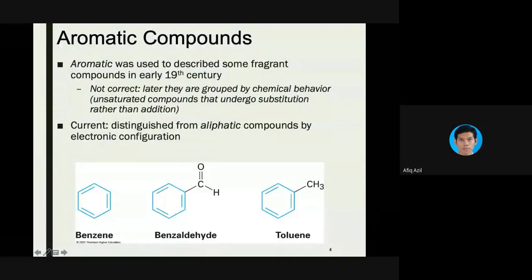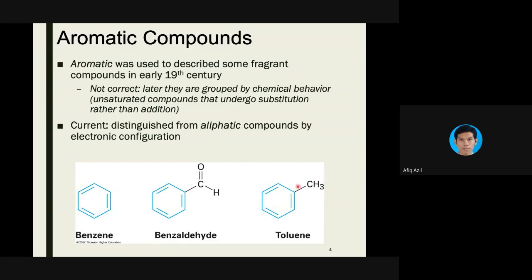Then over here we have examples: benzene, and also benzene with substituents. The first one here has a carbonyl group, C double bond O, which makes this benzene into an aldehyde, and the name becomes benzaldehyde.